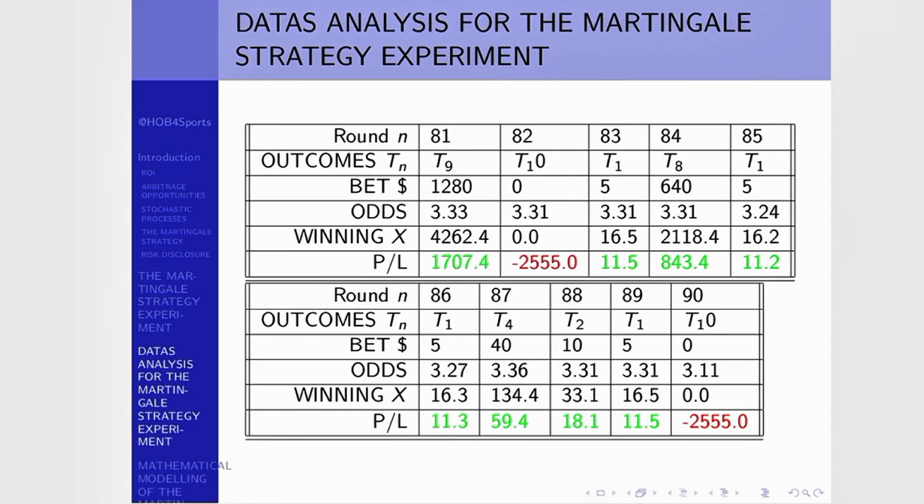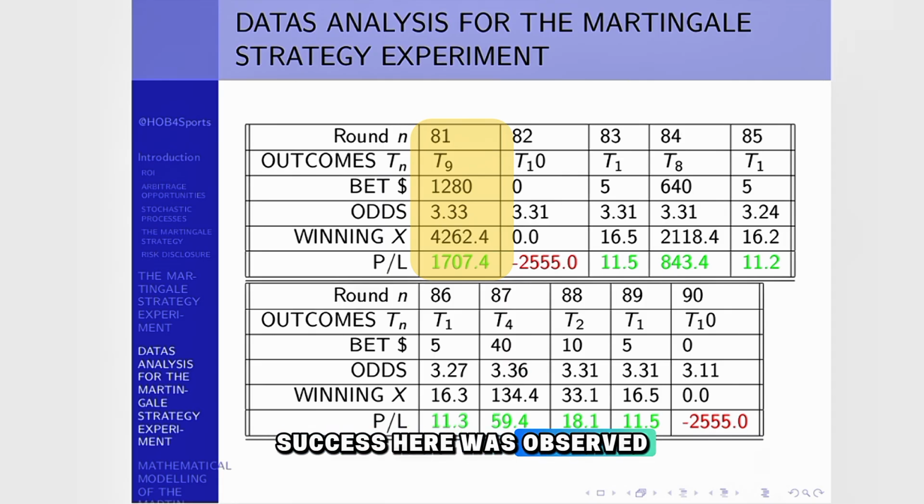Here, if you look at the results now from round 81 to 90, you can see we started very well with T9, which means the success here was observed after 8 failures.